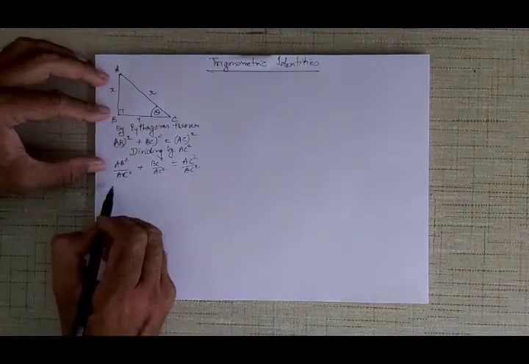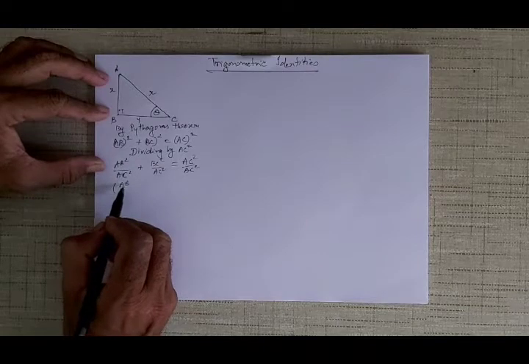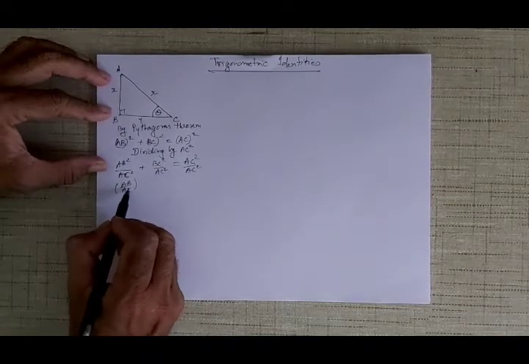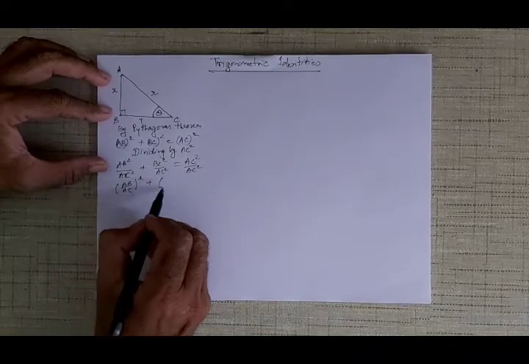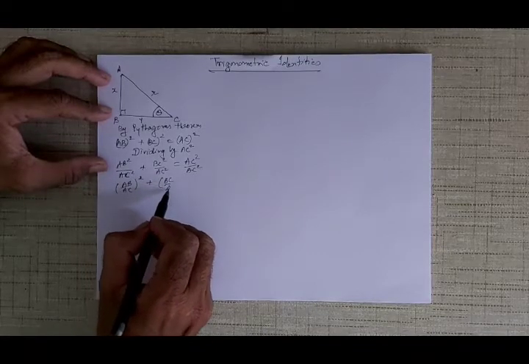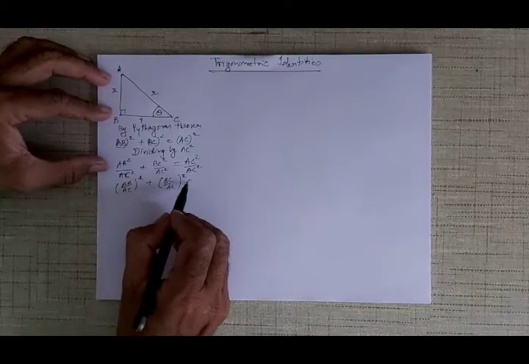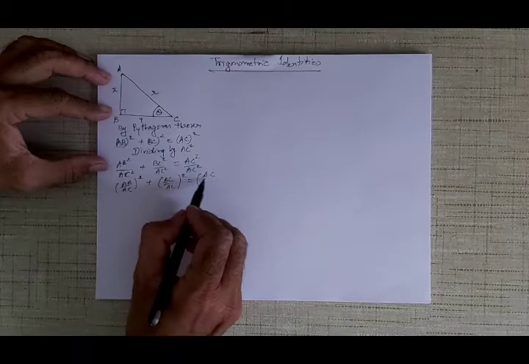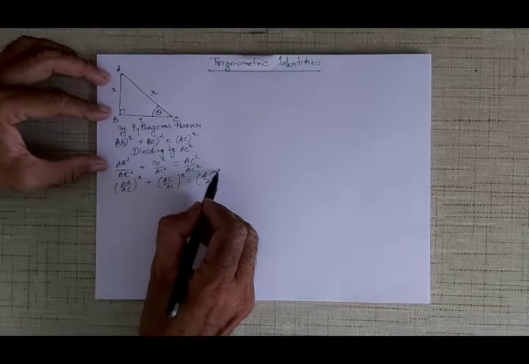Or I can write it like this: AB upon AC whole square plus BC upon AC whole square is equal to AC upon AC whole square.